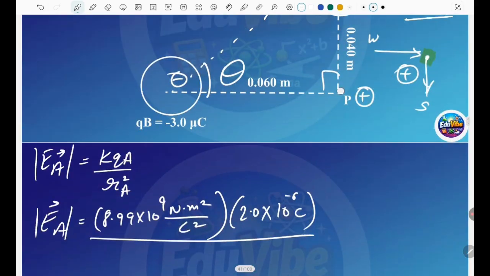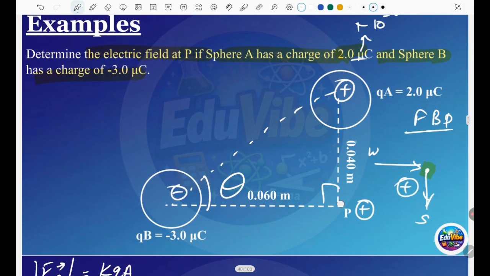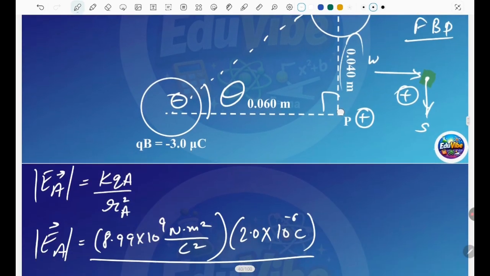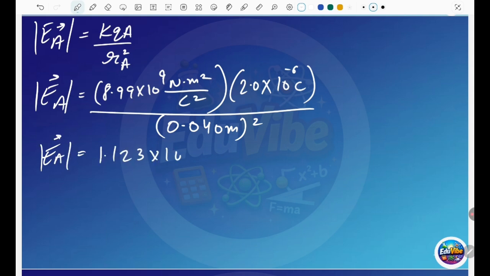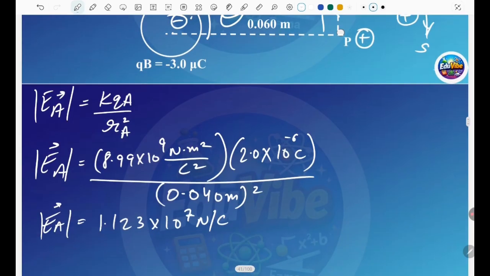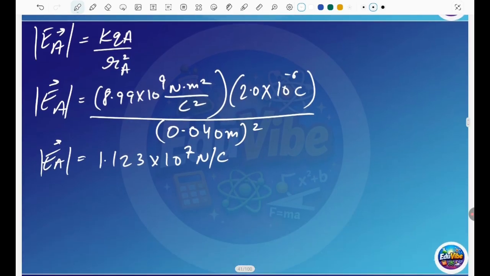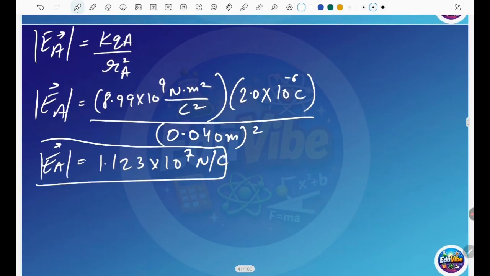And for EA, from this to this you have this direction, which is 0.040 meter, squared. You get EA about 1.123 into 10 raised to power 7 Newton per coulomb. This is positive because you take south as positive. So this is your EA.